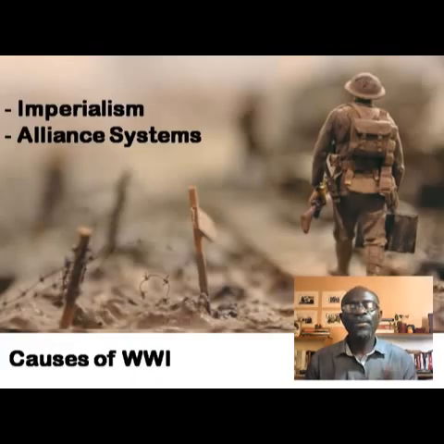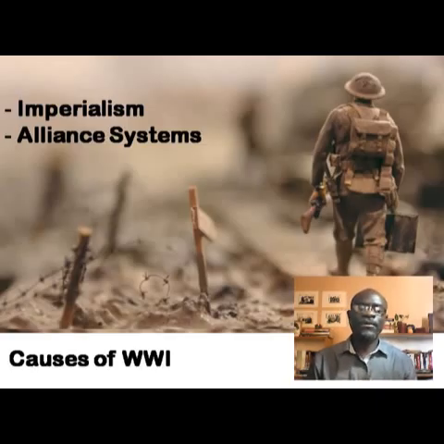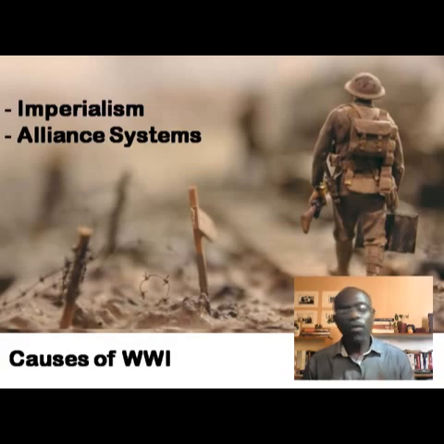He did not renew this reinsurance treaty between the German Empire and the Russian Empire, and this opened up Russia for any other alliance, especially with France. Now, France, who had been in the cold for a while now, saw this as an opportunity.